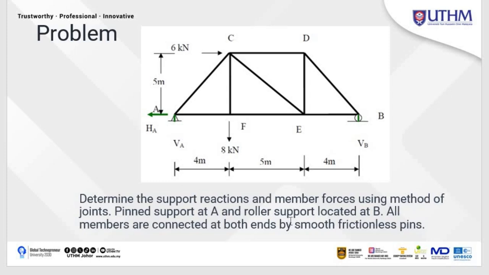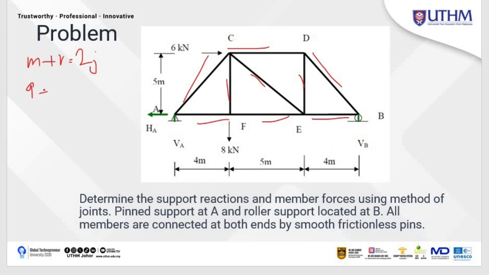The first thing when you get these examples is to check the determinacy of the truss, using the equation M plus R equals 2J. From here, we can find the members of the truss: 1, 2, 3, 4, 5, 6, 7, 8, 9.